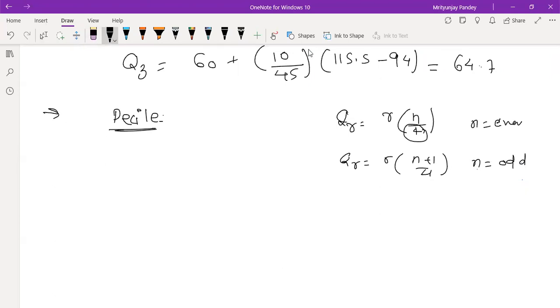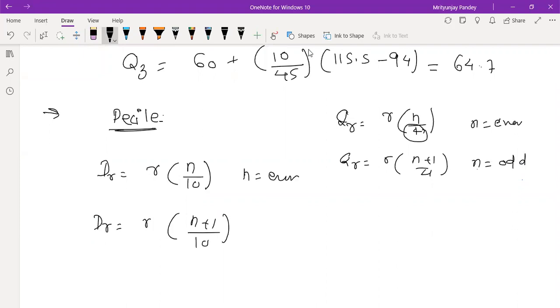So Dr equal to r into n by 10 when n is an even number, and Dr equal to r into n plus 1 by 10 if n is an odd number.